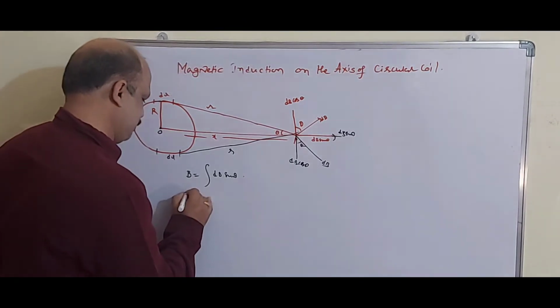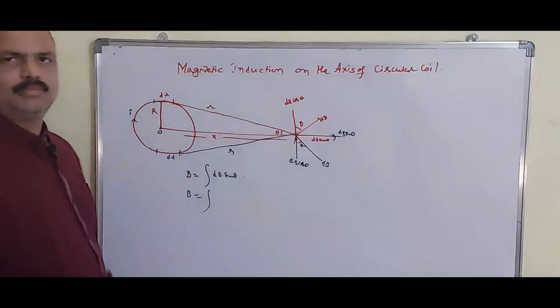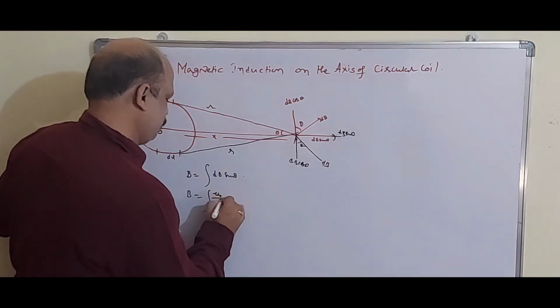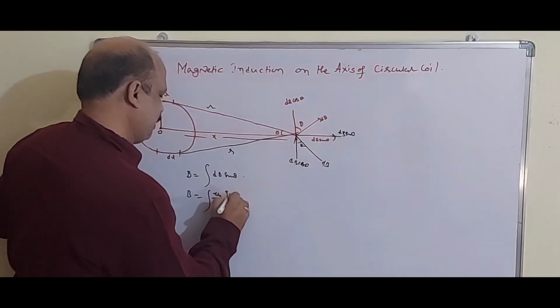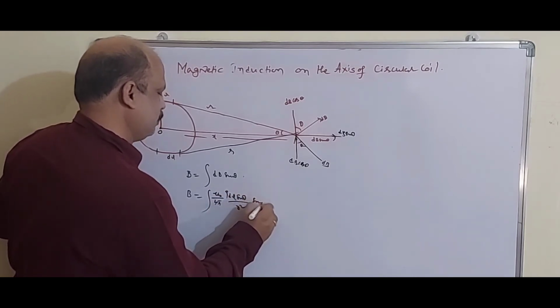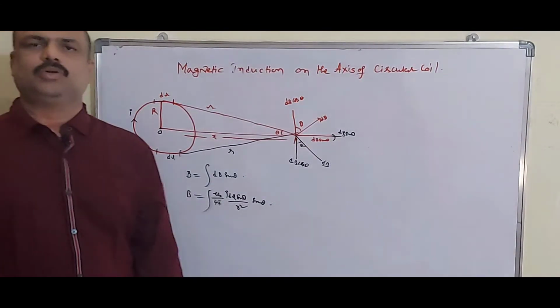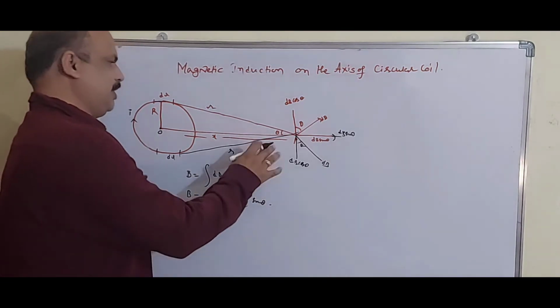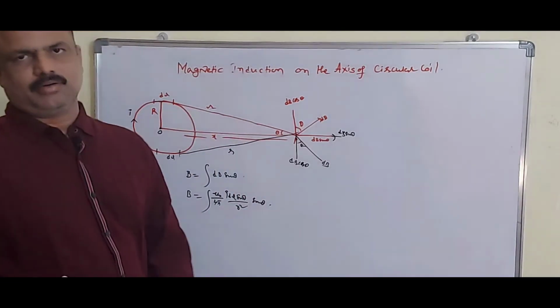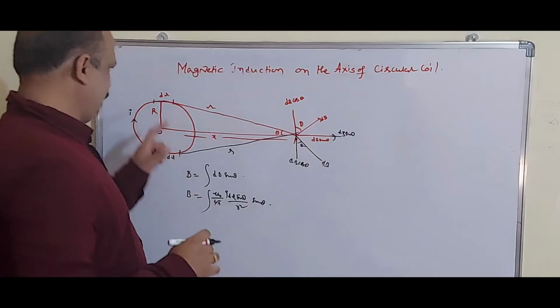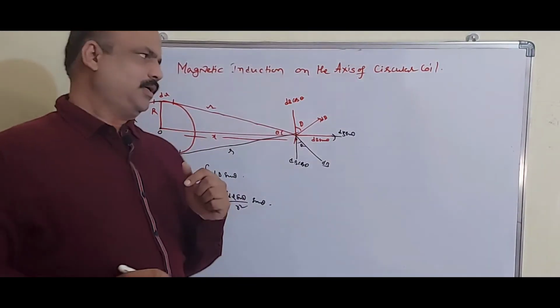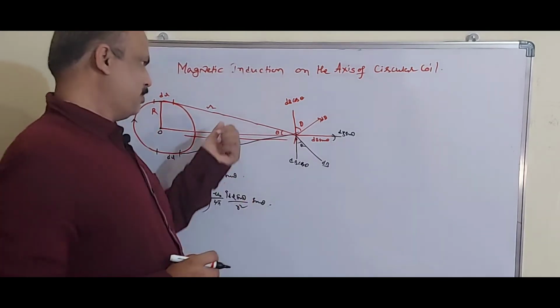So B is equal to the integration of dB sin theta, where, according to the Biot-Savart law, dB is mu naught by 4 pi I dl sin theta divided by r square. Here theta is the angle between dl and r. The angle between dl and r is 90 degrees, which is impossible to show on this blackboard.